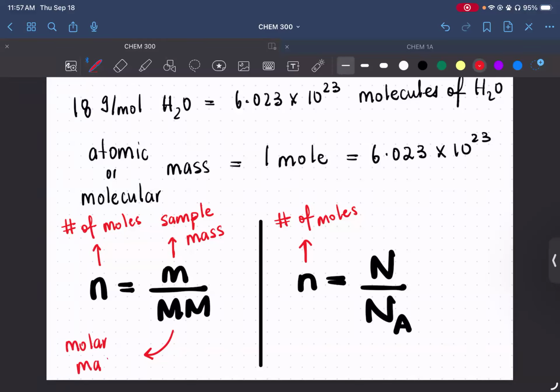It's that atomic or molecular mass. N sub A is 6.023 times 10 to the 23. That's Avogadro's number. That's where the A comes from. And then the capital N on top is the number of atoms or molecules, depending on the chemical we're talking about.